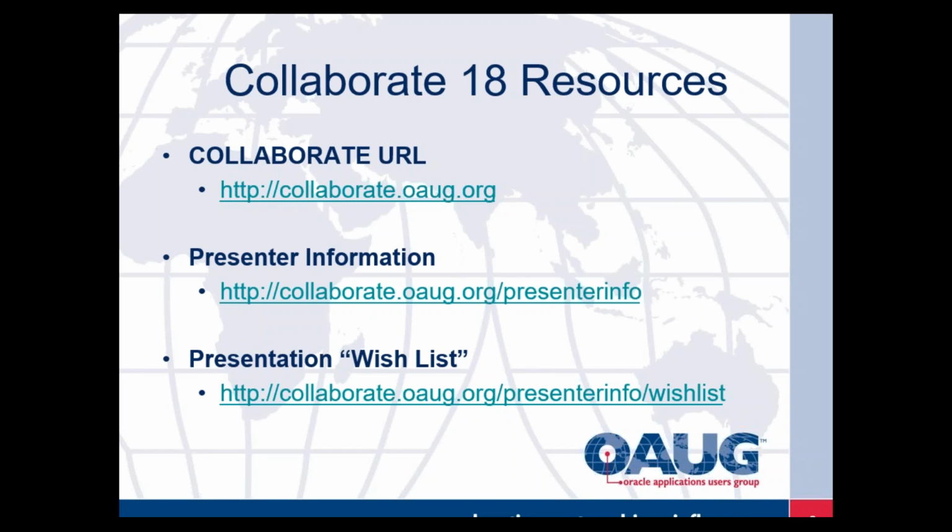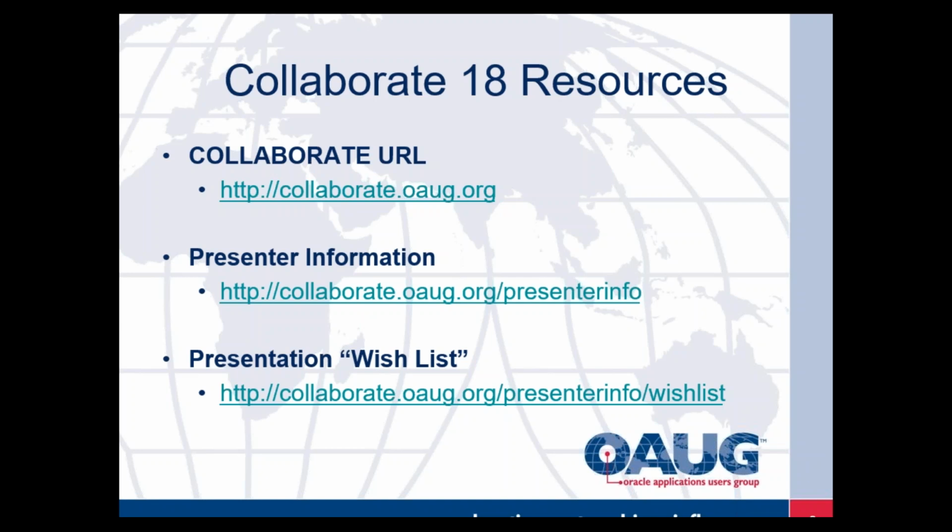But anyway, let's move on to the next slide, which gives you some information about the Collaborate URL, which is http://collaborate.oaug.org. That gives you all the information you need as a speaker, what the presenter should be following.